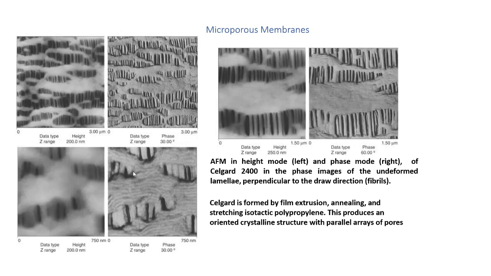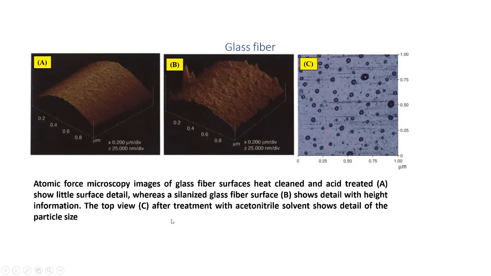Then, if there are micropores present, this is a microporous membrane. Here you can see the small pores are visible. This is the height image, so you can see the heights of these pores present in the membrane. So that can be analyzed.